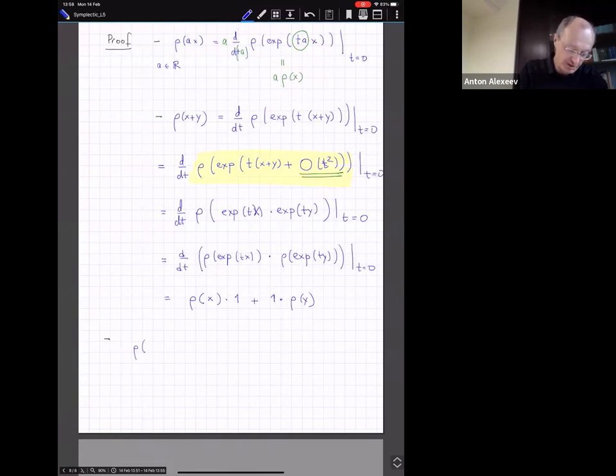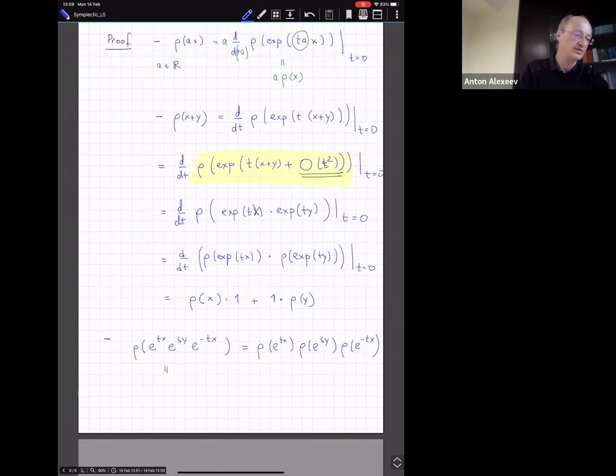I'm looking at a two-parameter family: rho of exponential tx, exponential sy, exponential minus tx. This is equal to, by the representation property, this.